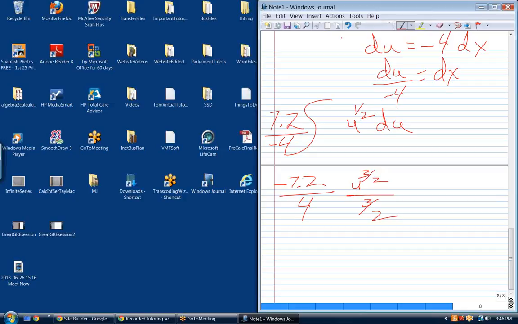Okay? So this now becomes, let's see, I'm going to multiply by 2/3. So I got 2/3 times negative 7.2 over 4 times u to the 3/2. Go back, resubstitute for u.